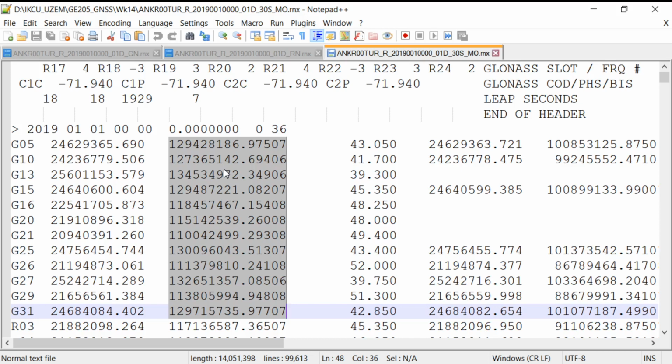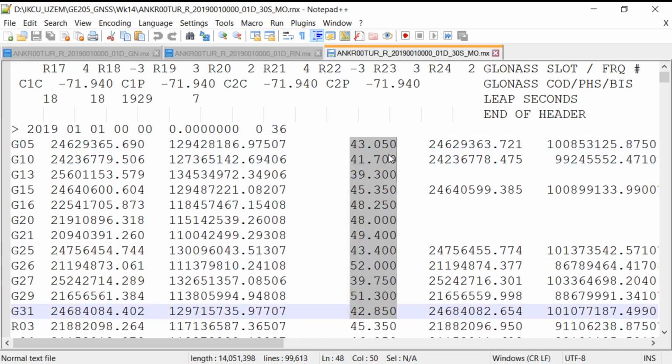If you turn on your receiver, these numbers will be automatically counted, and the receiver begins to track the satellites and count the phase cycles. And the third observation, as you see here, is the signal to noise ratio.